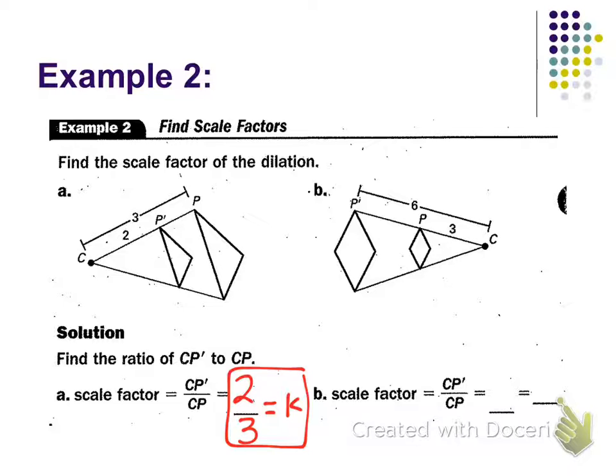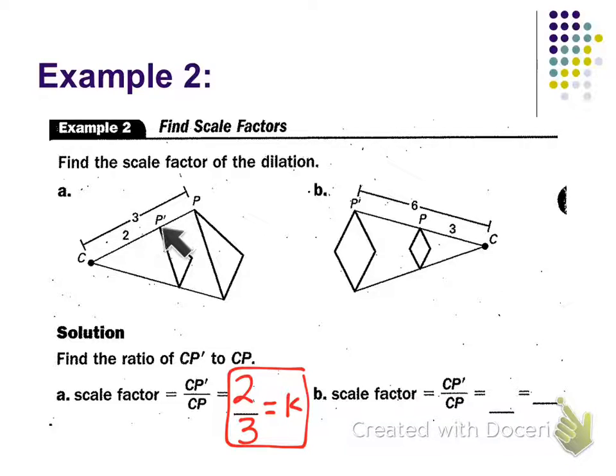On example 2A, do we think that this looks like an enlargement or a reduction? Let's do thumbs up, thumbs down. Thumbs up, enlargement, thumbs down, reduction. We've got another mixed review here. If you said reduction, you are correct.